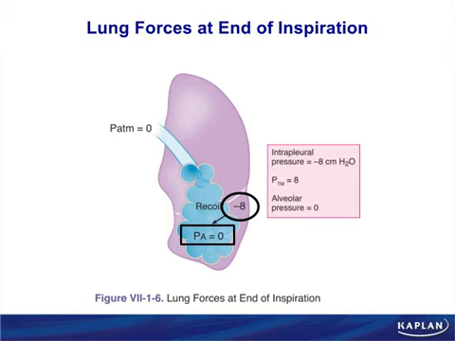So that air coming in equalized the pressures, and we no longer have any airflow. So notice at the end of inspiration, we have a greater transmural pressure gradient. The alveoli are more distended. They have more volume. And that volume, we got air coming in, which in turn equalized the pressures. So that's what's happening at the end of inspiration.